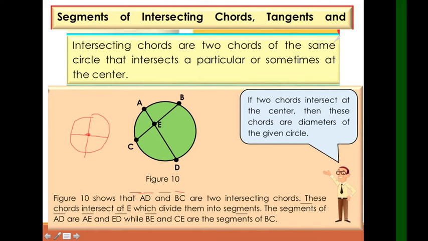These chords intersect at point E, which divides them into segments. The segments of AD are AE and DE, while the segments of BC are BE and CE.